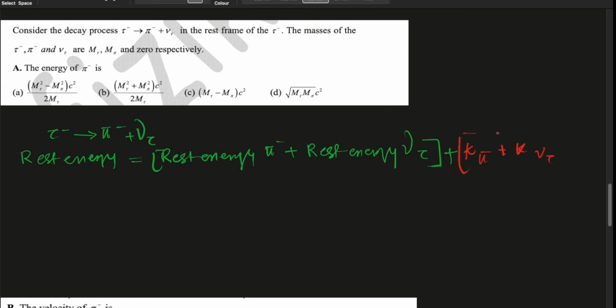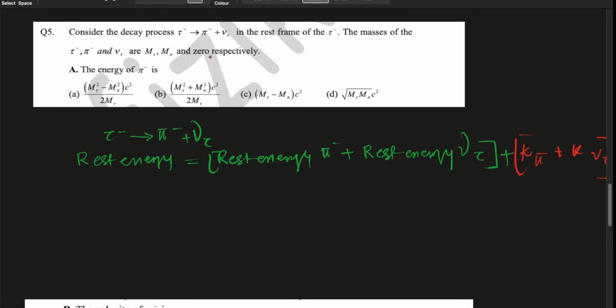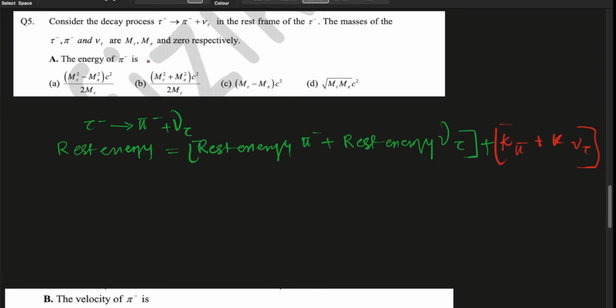Okay, so this is the equation. And we know that the masses of the tau, pi and neutrino are m tau, m pi and 0 respectively for the neutrino.